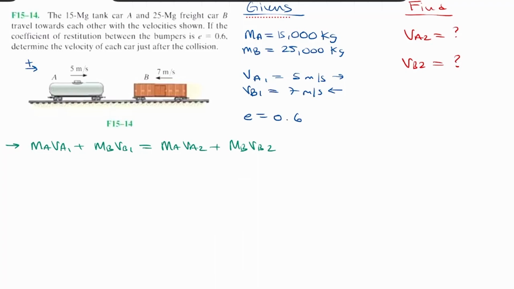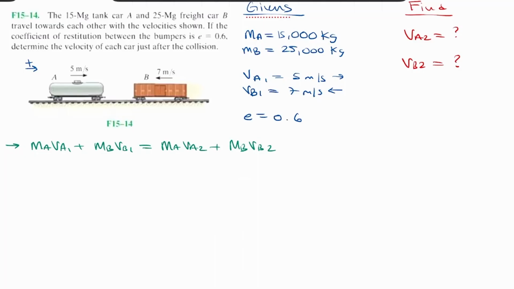Of course, we're assuming the coefficient is not zero, so they're not going to be coupling together. They're pretty much going to bounce back, but of course, some of the energy will be lost in the process.